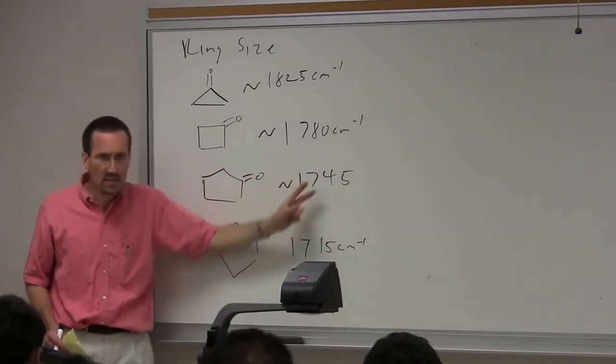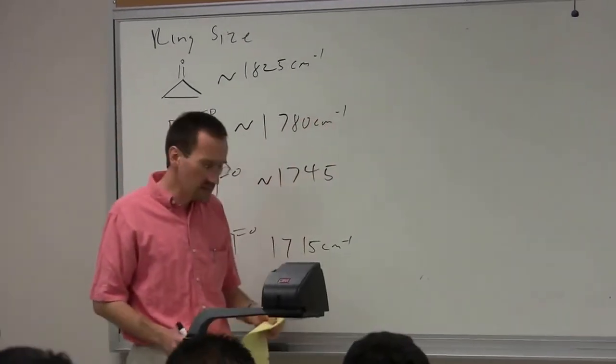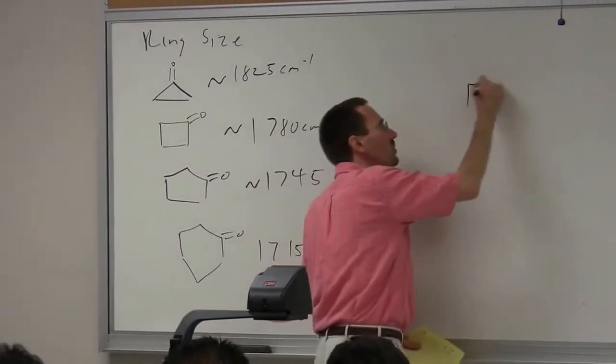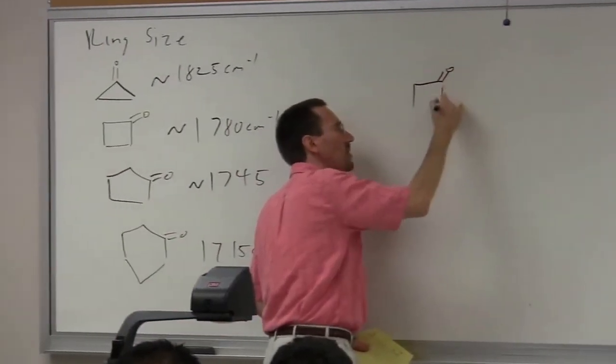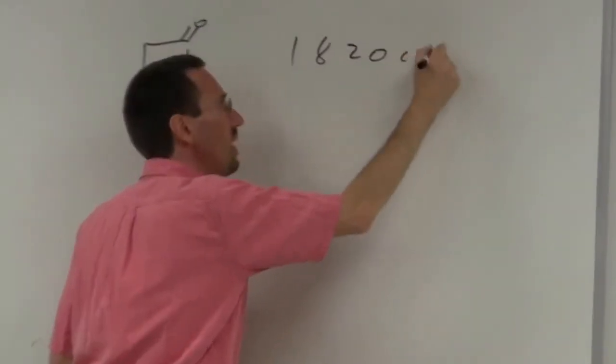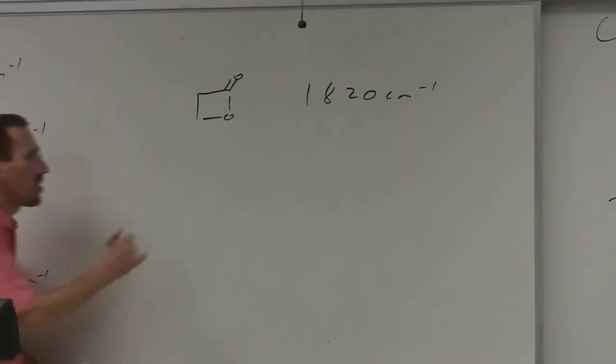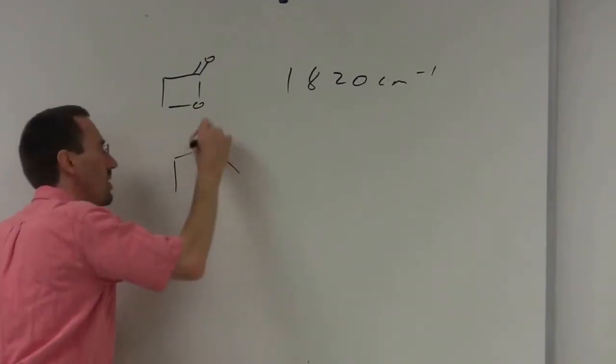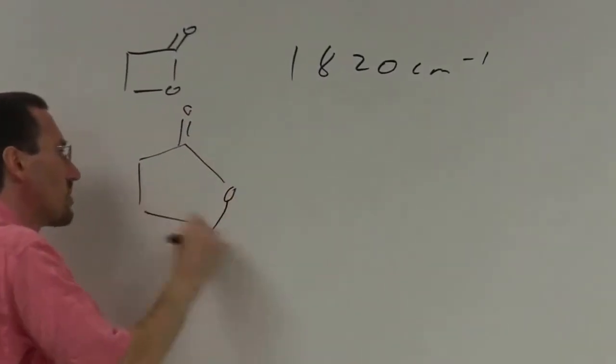But if you get these types of wavelengths, it's going to be telling you something's going on. That's why when I got my beta-lactone that I was talking about last time at 1820, even just a perfunctory glance at the spectrum said there's something going on in a way that no other technique was going to say.